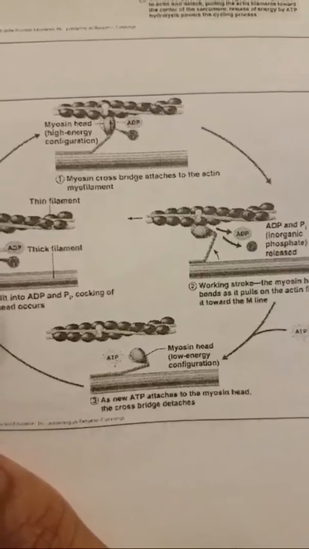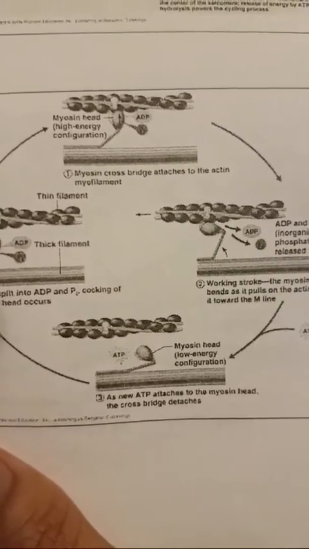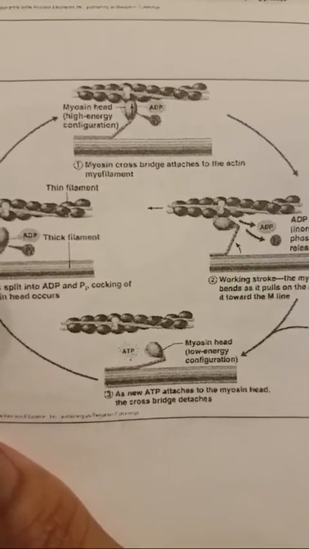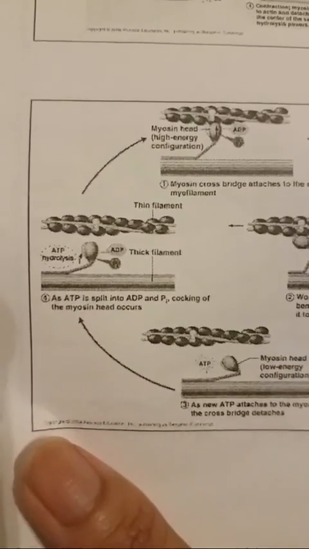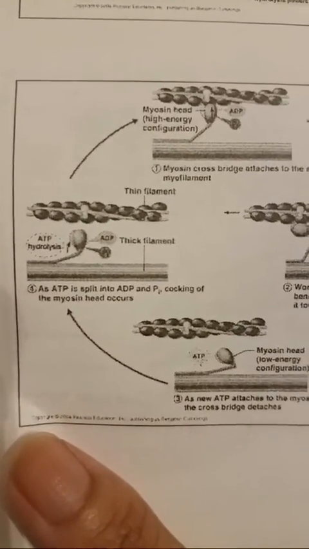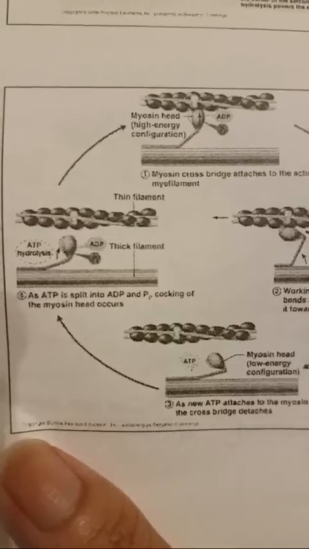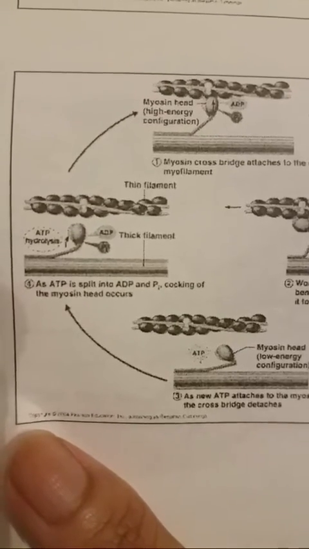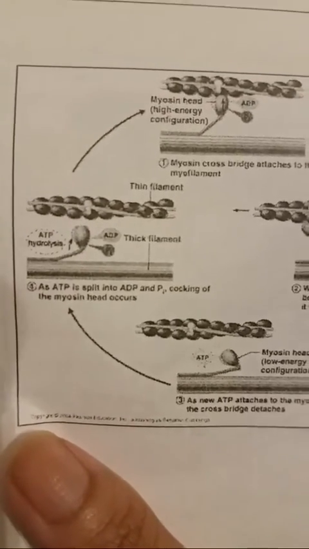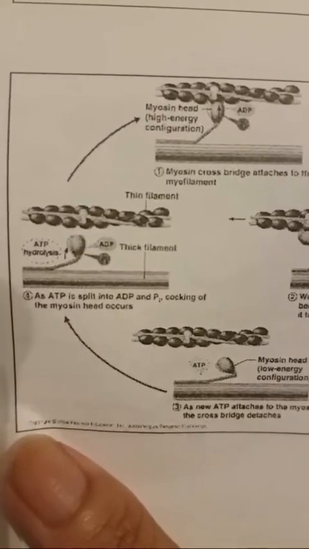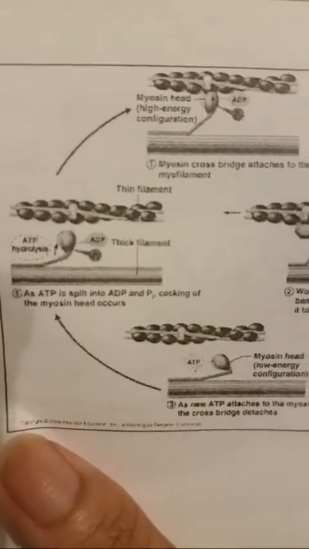As a new ATP attaches to the myosin head, the cross bridge detaches. And as ATP is split into ADP and phosphate, cocking of the myosin head occurs.